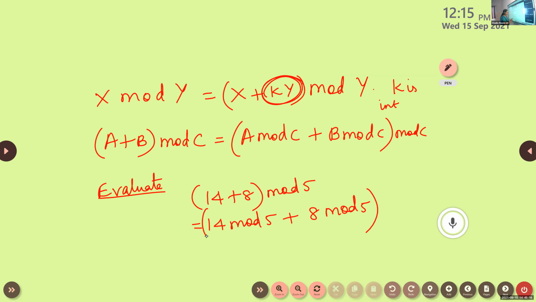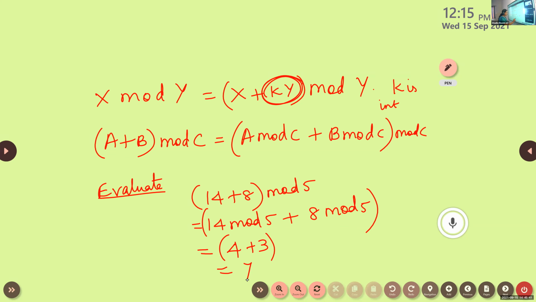What is 14 mod 5? You will get 4. Is it correct, Karthik? Yes, ma'am. And what is 8 mod 5? When you divide 8 by 5 the remainder is 3. The sum is 7, but you should get a number which is smaller than 5. When you divide by 5, the remainder must be smaller than this.